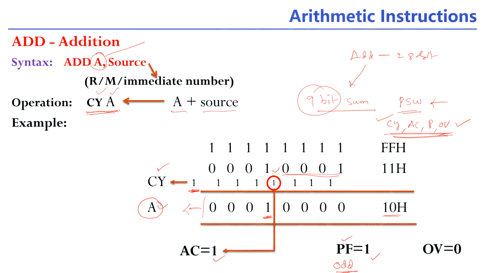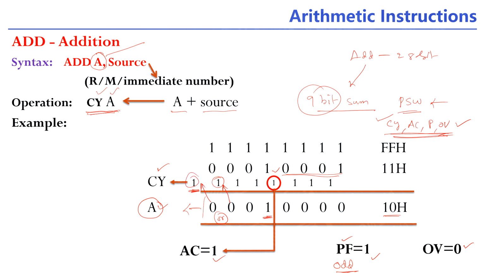Then similarly the overflow flag, but overflow is 0 here. Why? Because as per the definition of overflow flag, there should be a carry from 7th bit position to 8th bit position, or there is a carry from MSB to carry, only one of them.